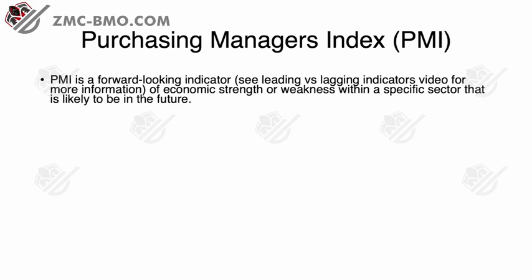It gives us a view on economic strength or weakness within a specific sector that is likely to be in the future. So is this sector starting to fall? How much does that sector contribute to the economy? If that sector contributes a large amount and we see weakness, what do you think happens to the currency? Again, these are questions you have to be asking.